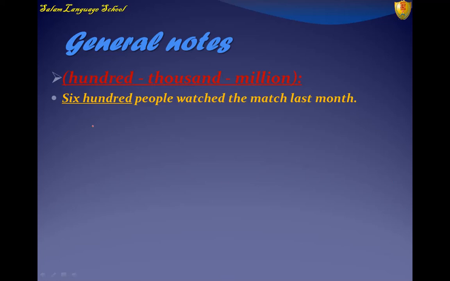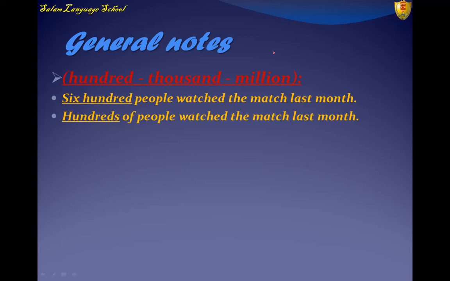If they don't have a number in the sentence, we can use hundreds, thousands, millions. Like this example here, hundreds of people watched the match last month. Okay, this is the first point here.